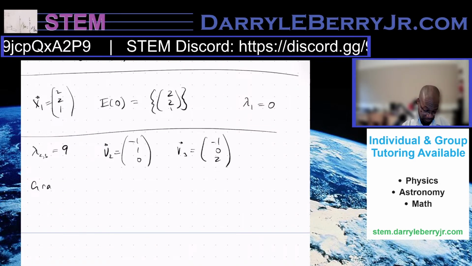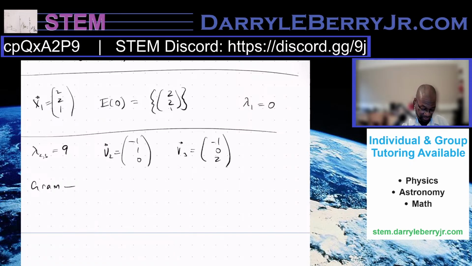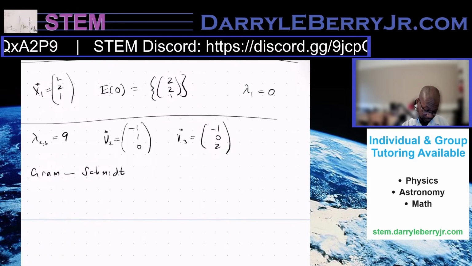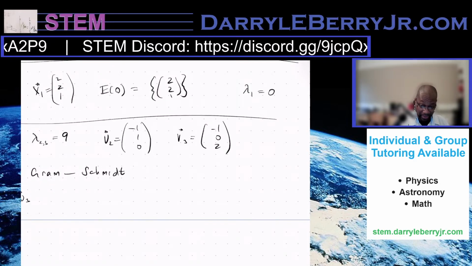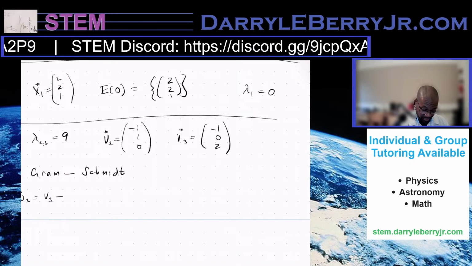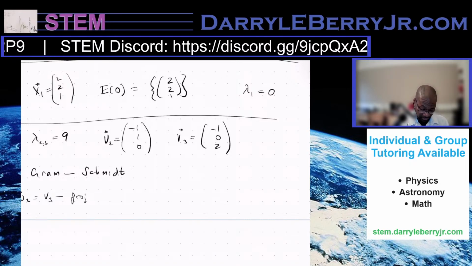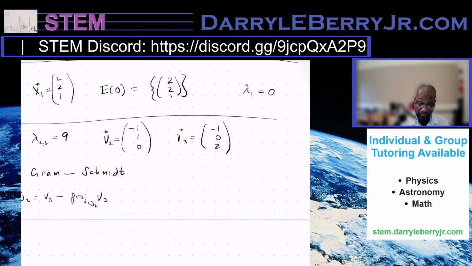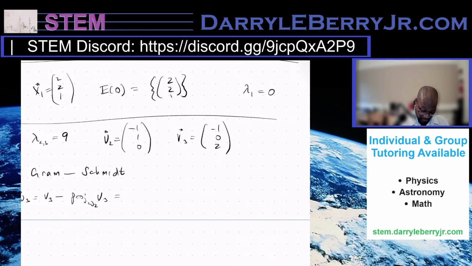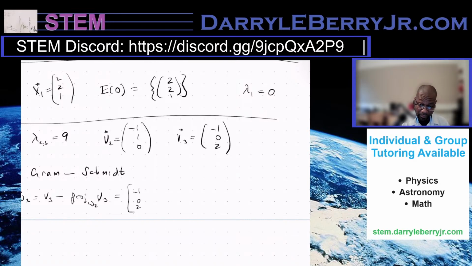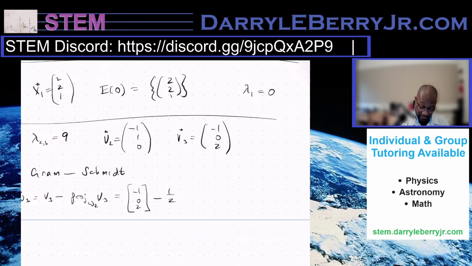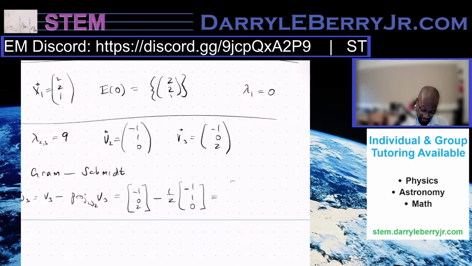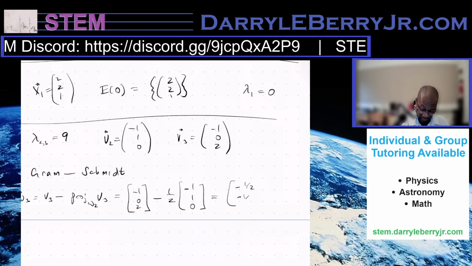So, Gram, like the metric unit, Schmidt, the vector W3 equals V3 minus the projection onto W2 of V3. So that equals -1, 0, 2 minus 1/2 times -1, 1, 0, which equals -1/2, -1/2, 2.